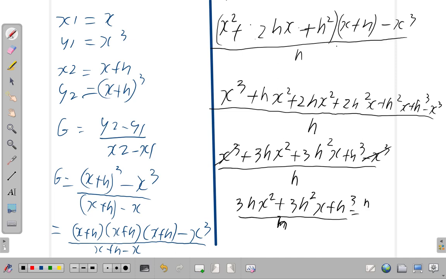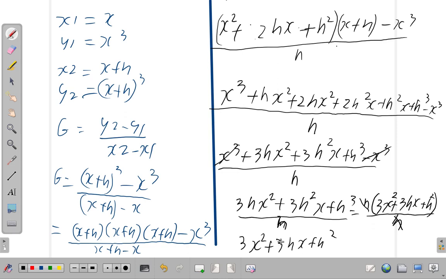If we have h outside a bracket, we would have 3x squared plus 3hx plus h squared inside the bracket over h, and this h would cancel this h. So what we have here is 3x squared plus 3hx plus h squared.